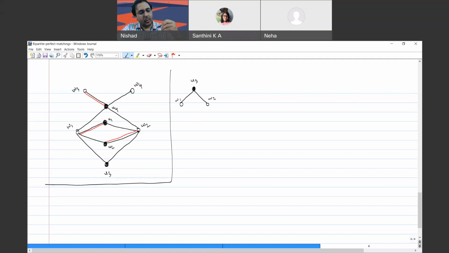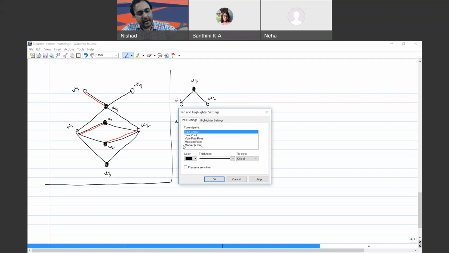Notice that we don't need to look at each level separately. When I see W1, I see that it is already a matched vertex, so I can immediately add the next edge, W1, U1. This is a matching edge. And similarly, when I see W2, I can add W2, U2 together. And these are matching edges. So let me just color them red.